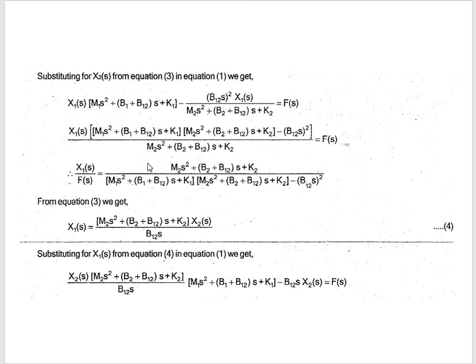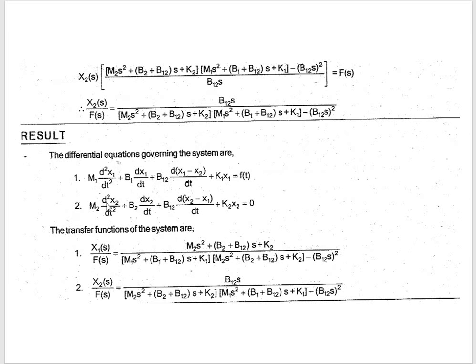By simplifying this, the first transfer function they are asking, x1 of s divided by f of s, is equal to m2 s square plus b2 plus b12 into s plus k2 divided by m1 s square plus b1 plus b12 of s plus k1 into m2 s square plus b2 plus b12 into s plus k2 minus b12 s whole square. The second transfer function will be obtained by substituting equation 3.